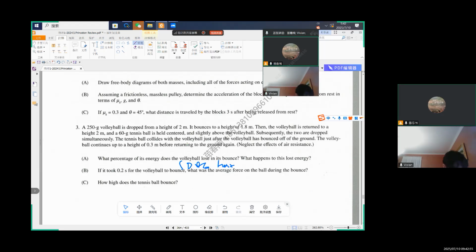Yep. If you find average force, I would have used impulse. F delta t equals m delta V, right?